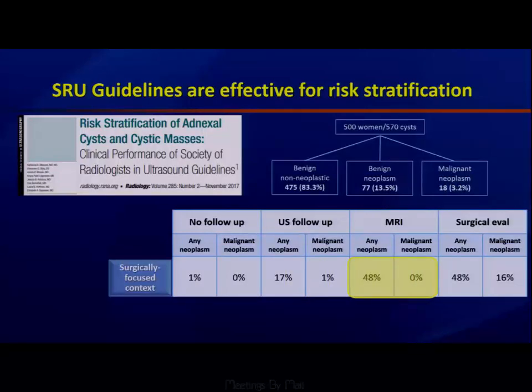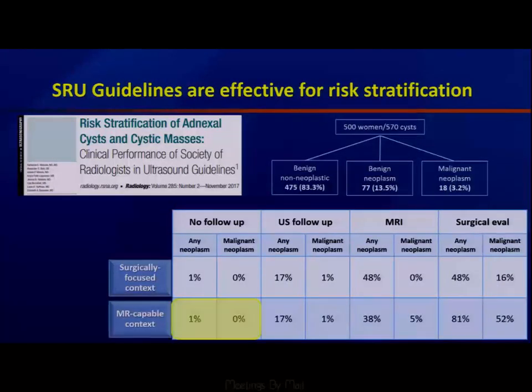For the MRI, known malignant neoplasms would have gone to MRI under the surgically focused context. And here, under surgical evaluation, if that was recommended, still a minority of cases, 48%, were neoplastic. So a lot of benign, non-neoplastic lesions would have gone for surgical evaluation.